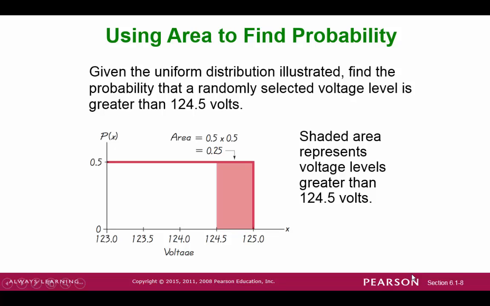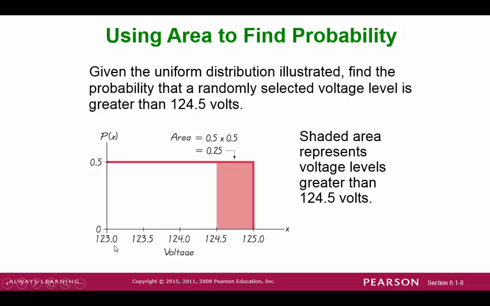And so the height of this rectangle would be equal to 0.5. That's because the horizontal distance between 123 and 125 is 2, and we want the area of the rectangle to equal 1, so the vertical height must be a constant height of 1/2. 2 times 1/2 is equal to 1.